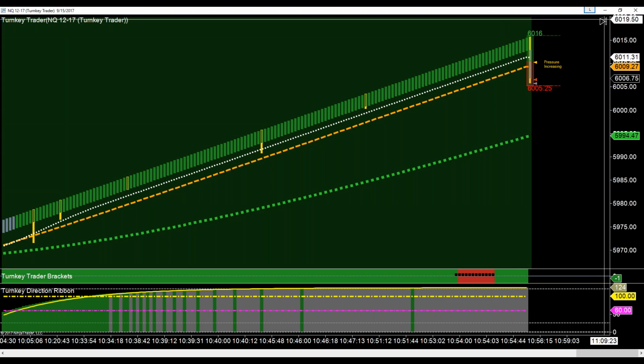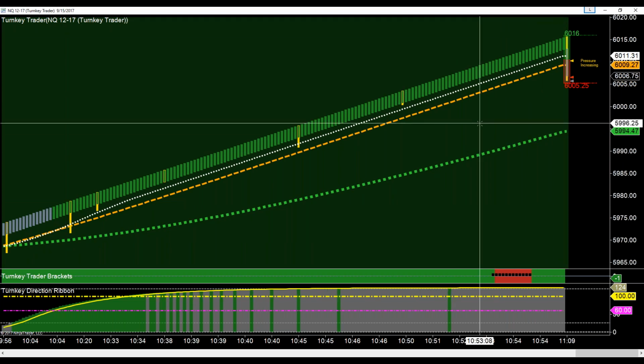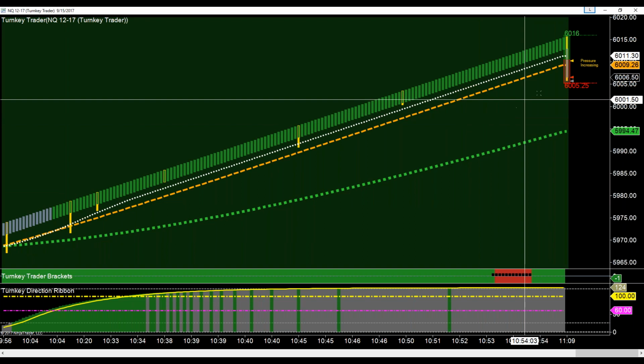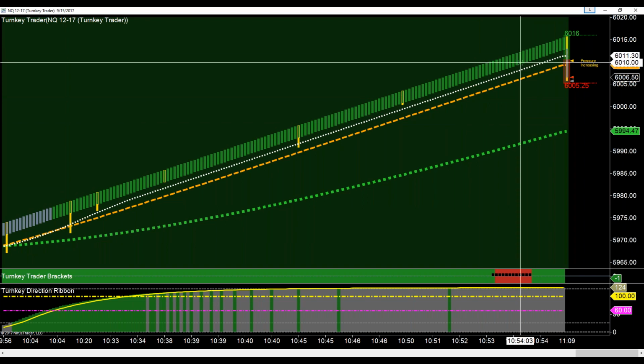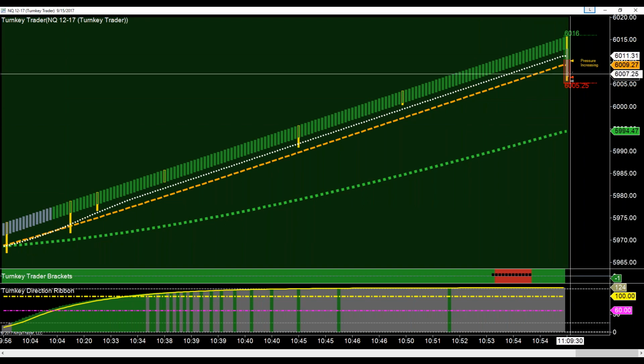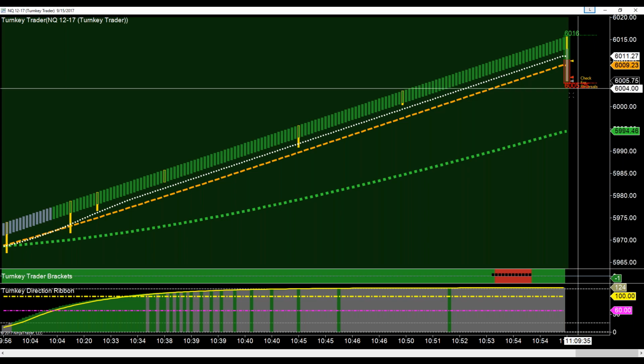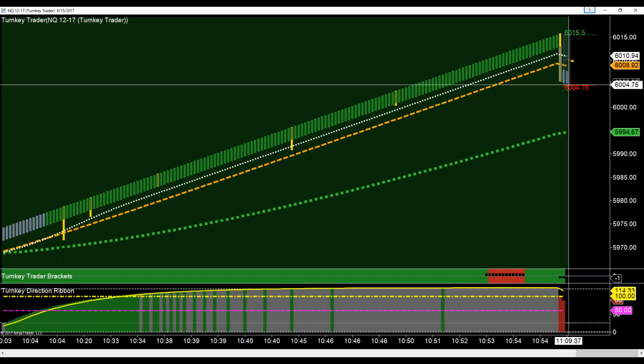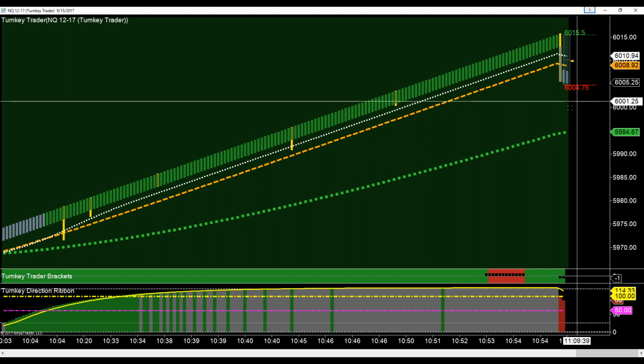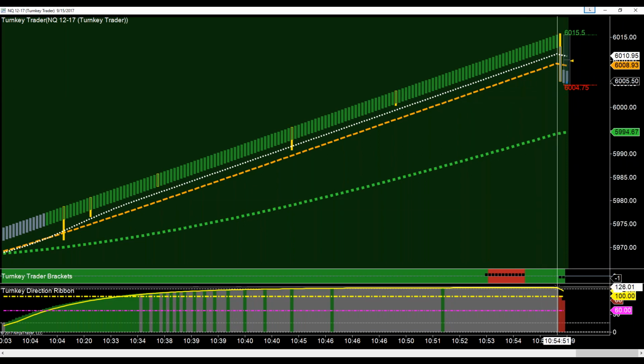So in the NQ, something I'd like to cover while we have this kind of situation developing is at this point, I would start planning for a bounce in the near future. I'm going to hit my red DPI price. We're probably going to reverse, and we're at very far in the extreme.